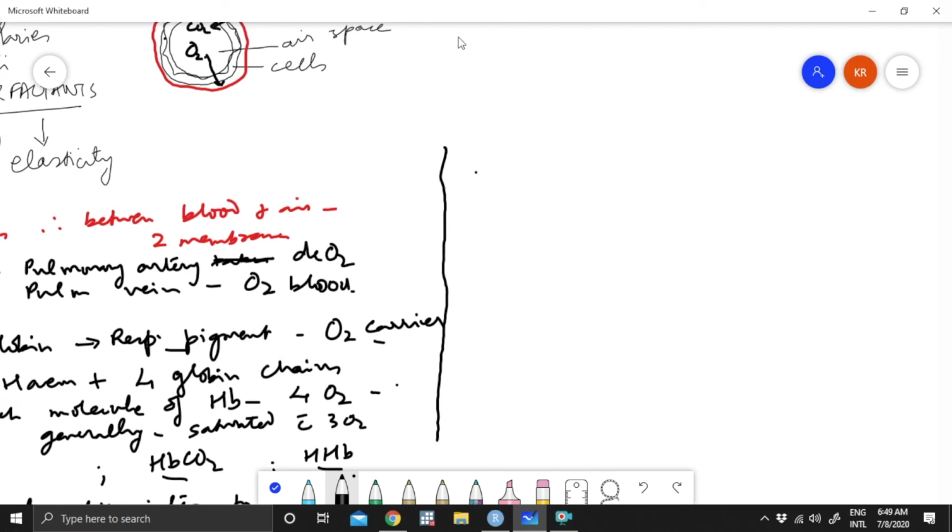Now let us deal with transport of CO2. We just dealt with transport of oxygen some time back, and this is transport of CO2.